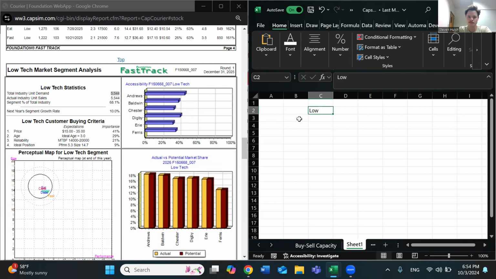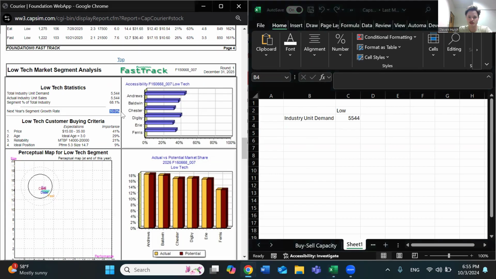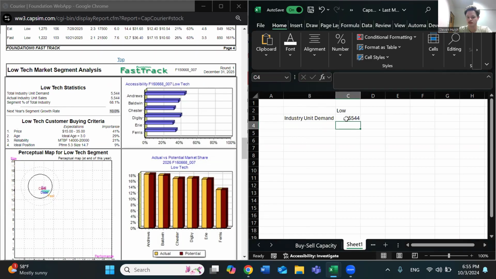For low tech, we know that the industry unit demand is 5,544. We also know that the segment growth rate for next year, so for round two, is going to be 10%. So 0.1 right there. I'm going to call this growth rate.